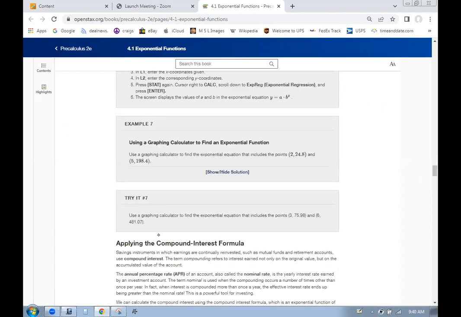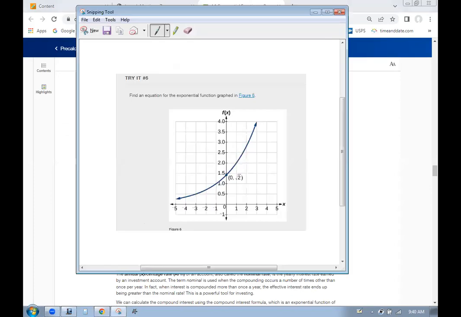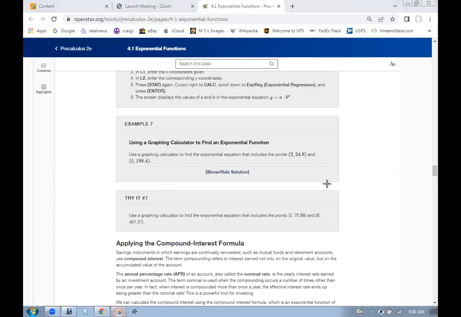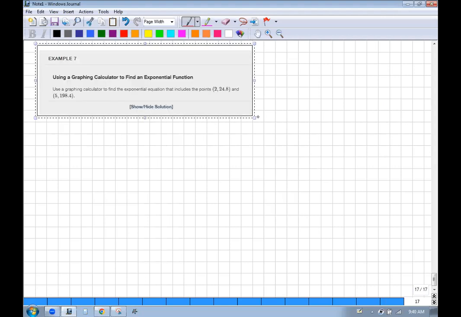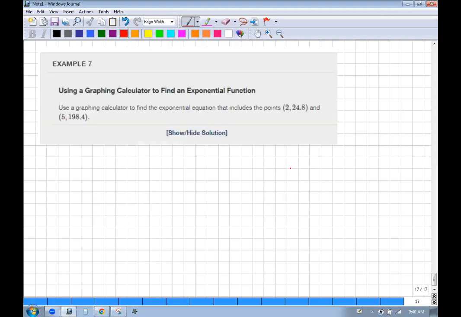Use a graphing calculator. I'm not going to do this. How would you use a graphing calculator? We see that, well, n of 2 is 24.8 and n of 5 is 198.4.